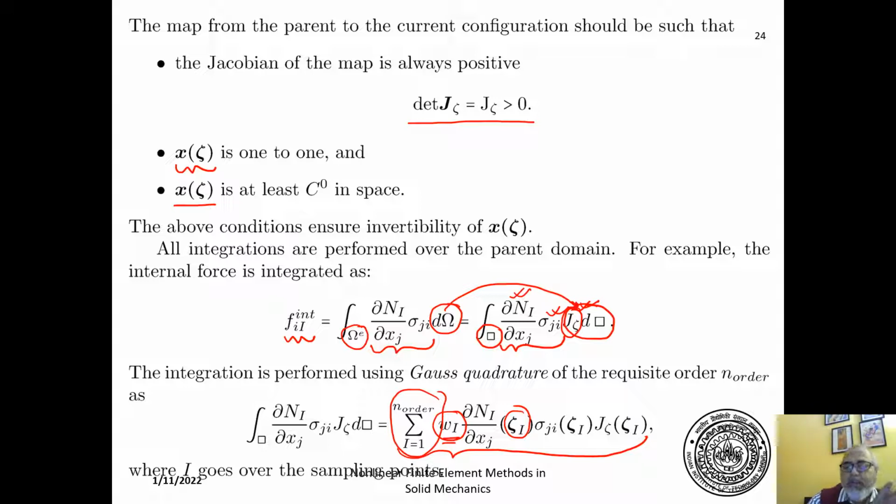I'm not going into that, but all that I have told, except this last step where the Gauss quadrature weights and the sampling points would be different for triangular elements, apart from this point, everything else that I have done carries over nicely to triangles, but we will not discuss it any further, and we will go over in the next week.